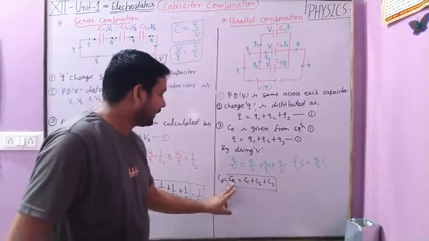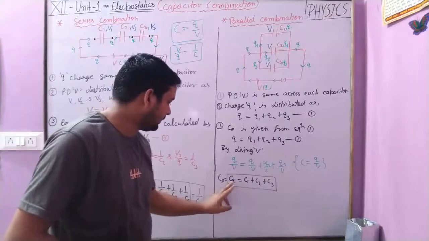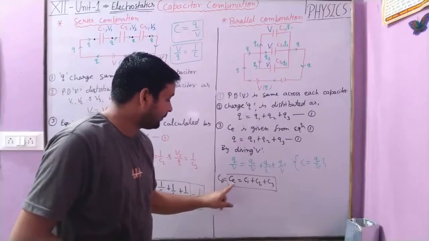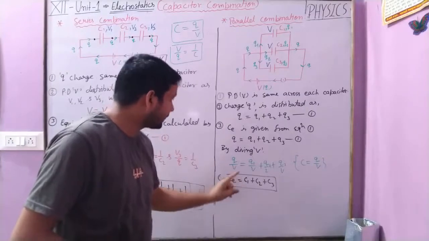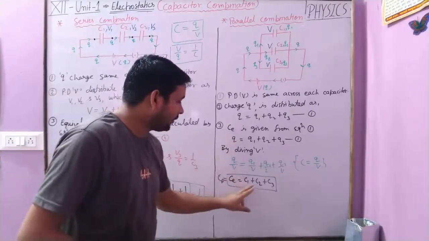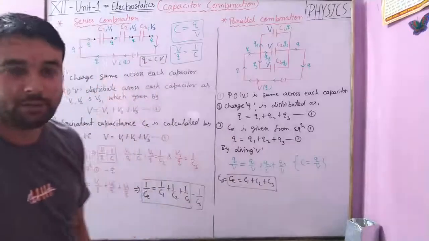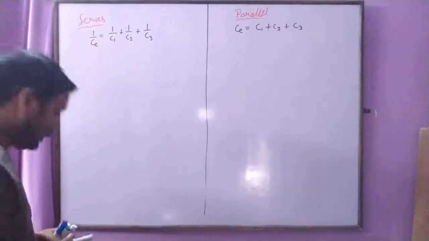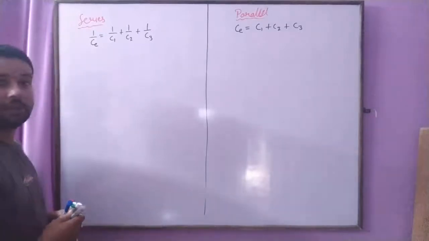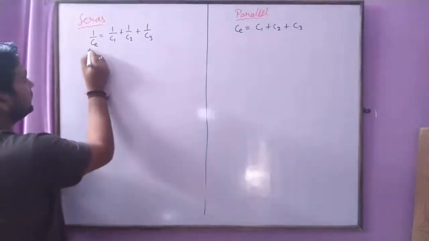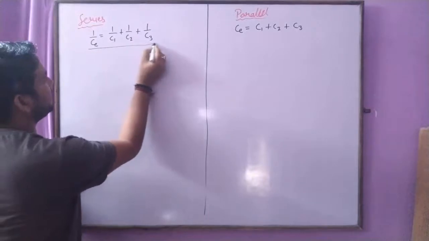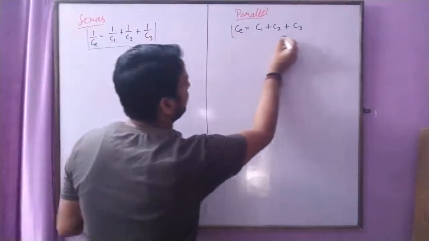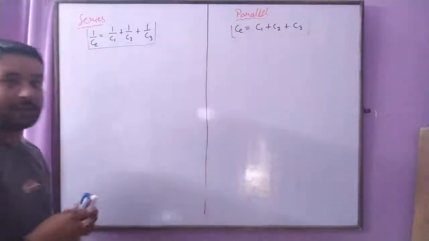The equivalent capacitance in parallel combination is C1 plus C2 plus C3. Now we understood: this is the equivalent capacitor in series combination, and this is the equivalent capacitor in the parallel combination.